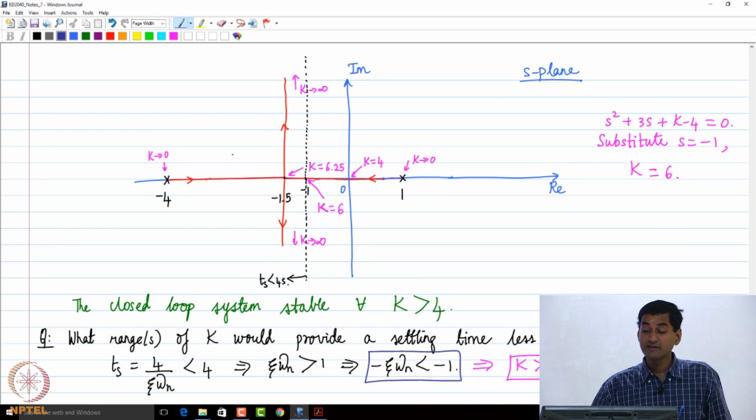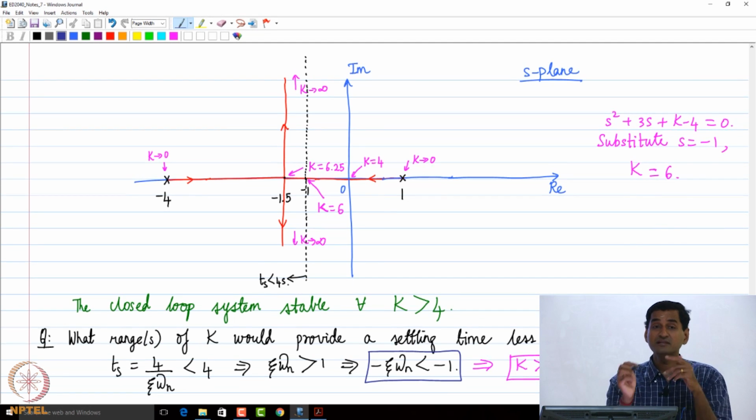To the left of the breakaway point, K goes from 0 to 6.25. You pick any value of s, substitute it here, and you will get the corresponding value of K. You are asking about this range from minus 4 to minus 1.5; it scales the same way as 1 to minus 1.5.